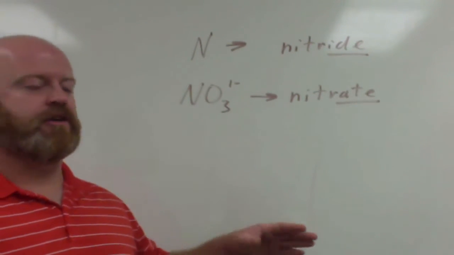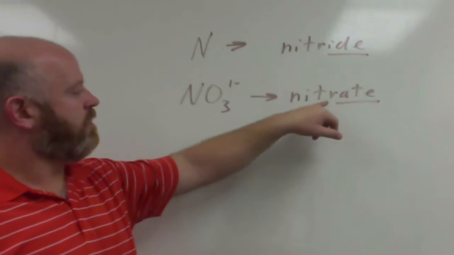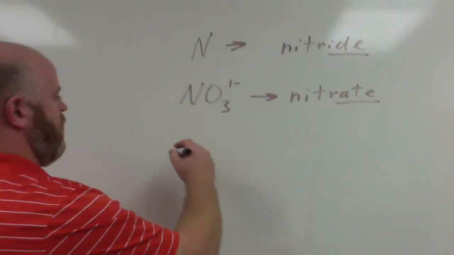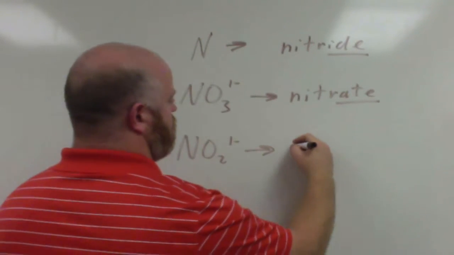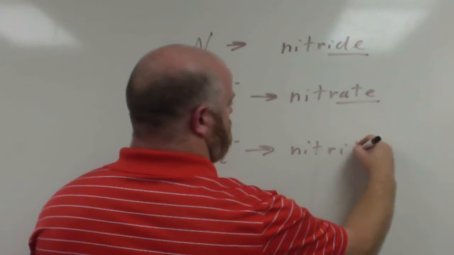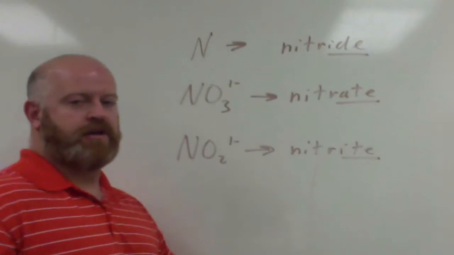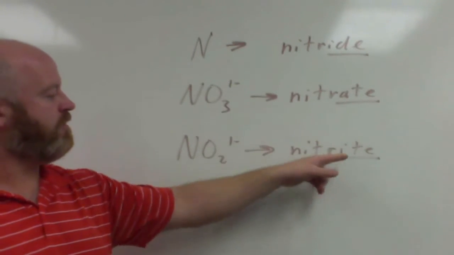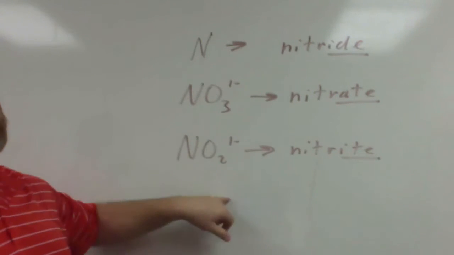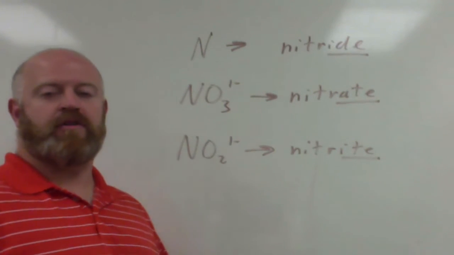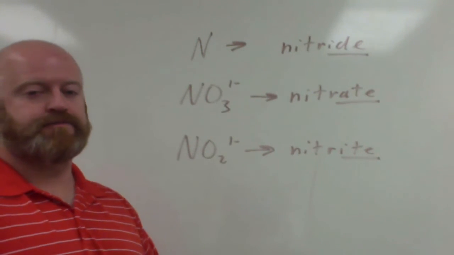So the change here is our ending goes to ATE. If you had NO2 with a 1- charge, we have nitrite. So nitrate and nitrite are similar, but they're different by 1 oxygen. Okay? And that pattern repeats itself with all the different polyatomic ions.